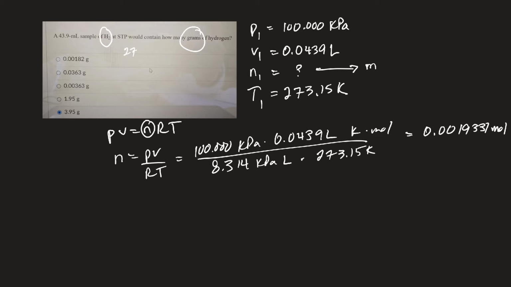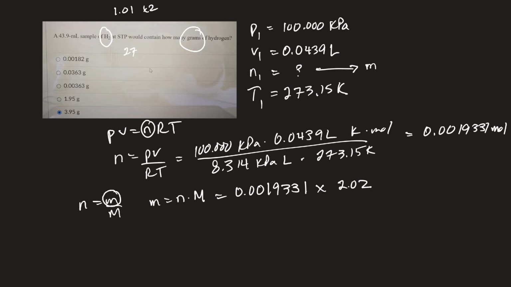So to get grams, I have to use this formula. Moles is mass over molar mass. Solving for mass is going to be moles times molar mass. So the moles I just got, 0.0193331, times the molar mass of hydrogen. It's H2, so hydrogen's 1.01 times 2, so this would be 2.02.